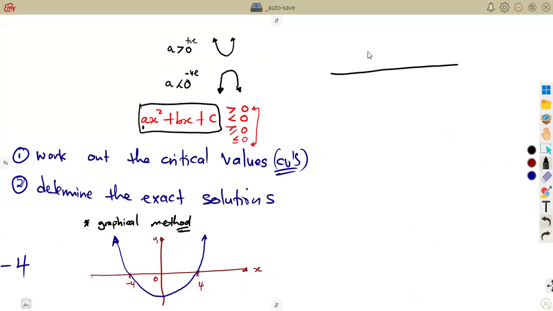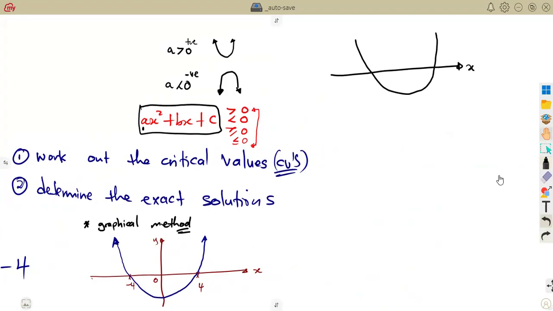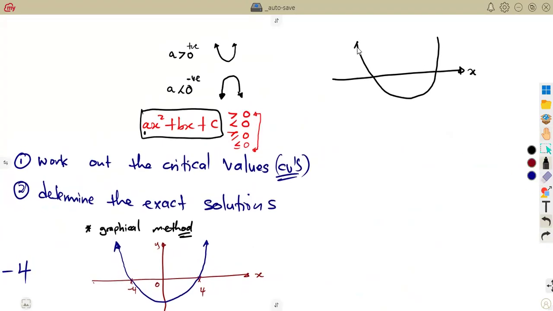It will be like this. This is your x-axis, remember? So if we are given a function like this, it is crossing the x-axis at this point A and at the point B.